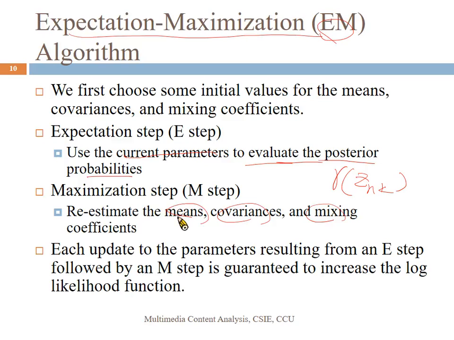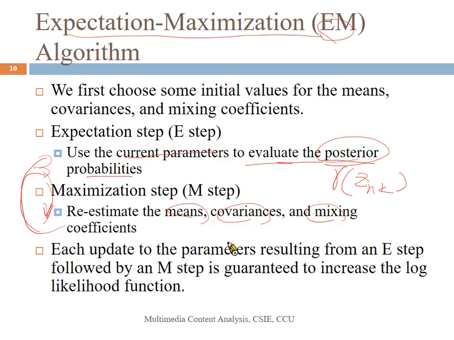So right now, after maximization, we have newer means, covariance, and the mixing coefficient, and then we can evaluate the posterior probability again, and then update them again. So we can do the expectation and the maximization in an iterative way.